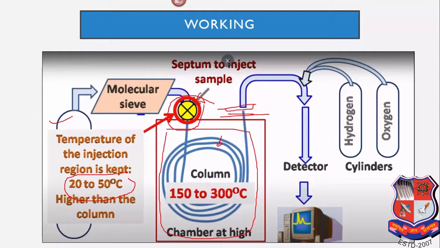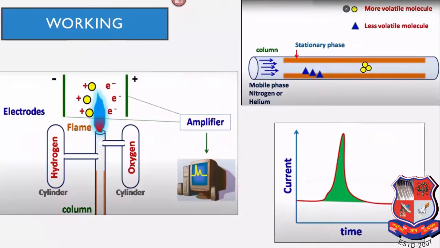What happens in this chamber at high temperature, we can find out in another figure. This one is not a coil, it is just a column. Whenever the sample is added there, the temperature is higher, so whatever is in volatile form is converted into gaseous form.